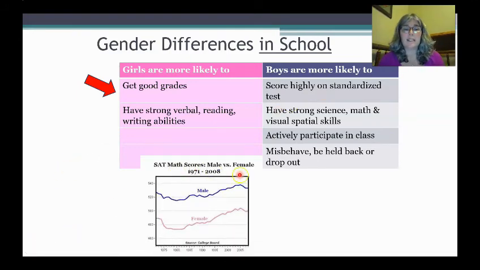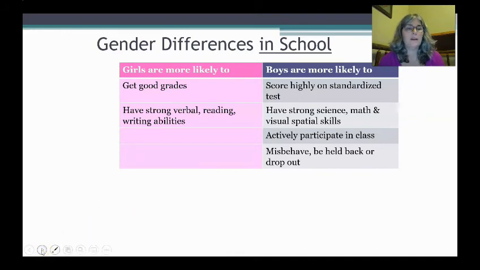So this is SAT scores over a period of about 30-40 years. And you can see that although there is a similar trend over time, there is consistently a big difference between males and females. All right, so what else do we see? In terms of subjects, it's a pretty well-known difference that females tend to do better in the language arts, in verbal skills, reading and writing.